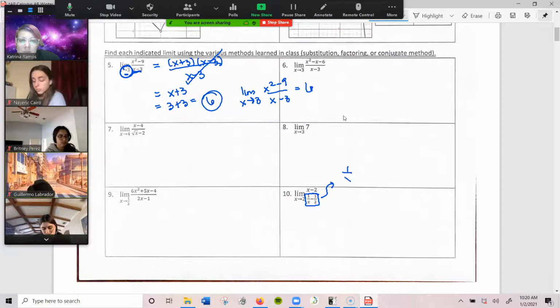We have 1 over x minus 1 over 2. In order to get a common denominator, you just multiply the two denominators together. So the denominator here that we need would be 2x. Is this okay?